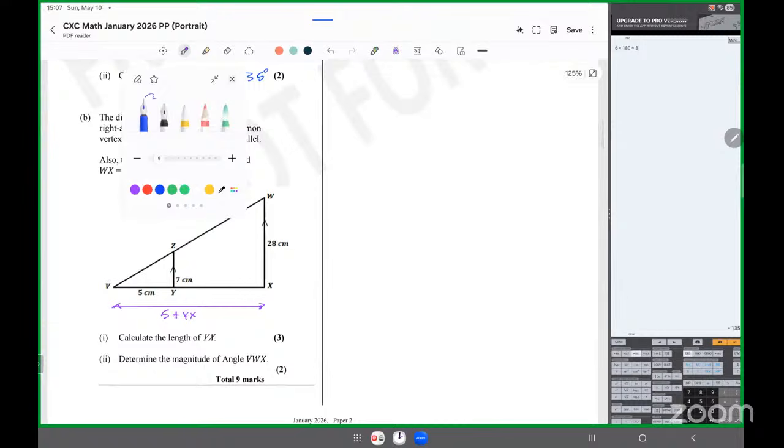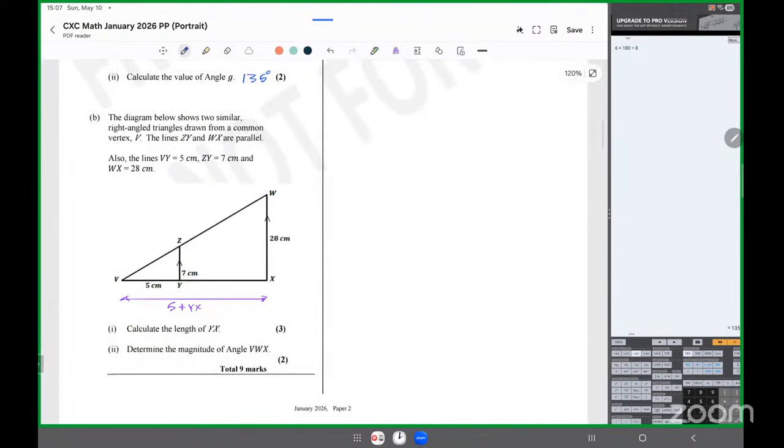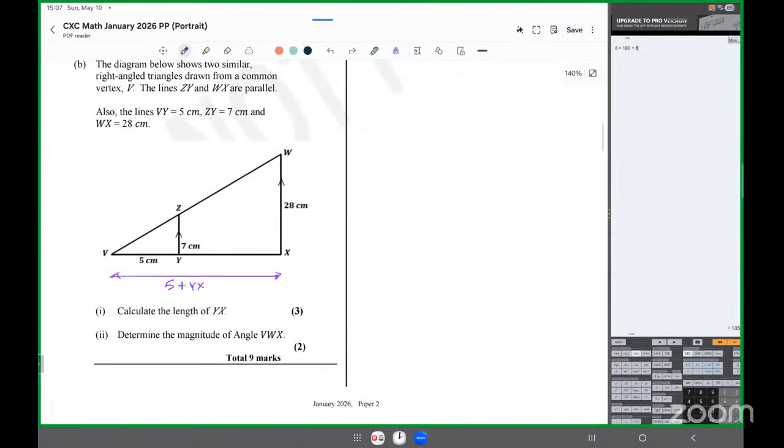Watch this now, tell me if you see it. I'm going to use base over height on the big one equals base over height on the small one. You can say that. So base over height equals base over height. You can do it that way: ratio of corresponding sides equal. You can set up the ratio any way you want.